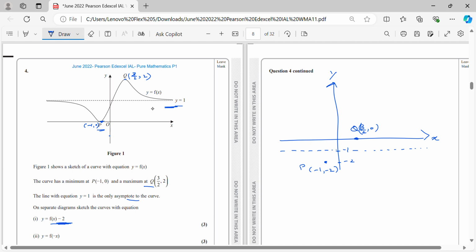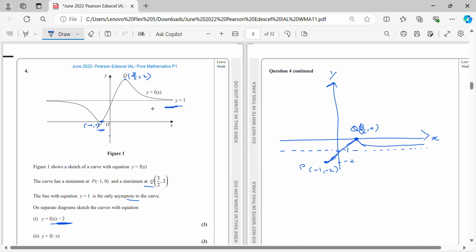So I can join this point with Q like this. And then there is a curve, go straight with asymptote. Okay, something like that. Okay, you can just show it this way. Okay, then there is again a turn.